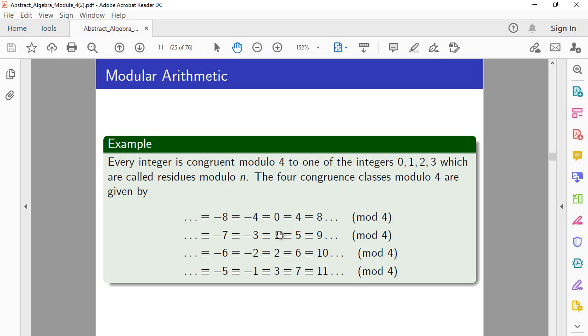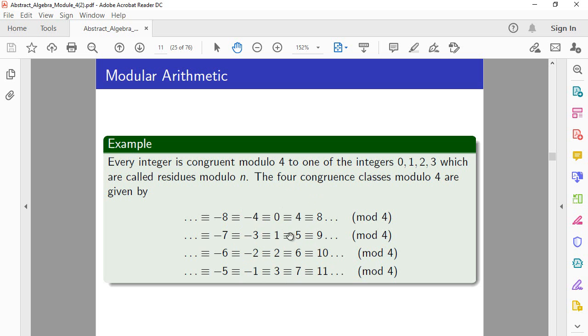You can see that in the first line here I have all the numbers that are congruent to 0 mod 4. These are all the numbers that are congruent to 1 mod 4. These are all the numbers that are congruent to 2 mod 4, and these are all the numbers that are congruent to 3 mod 4. Notice that as you go down, you're just adding 1 to the previous line. This covers all the integers.